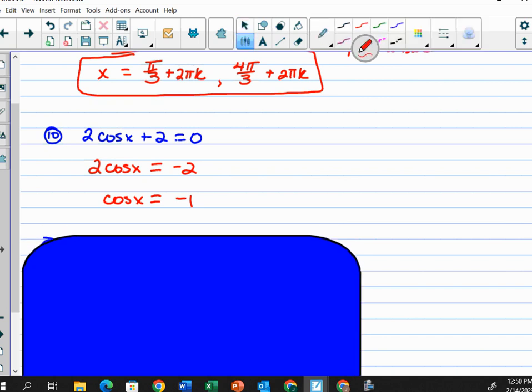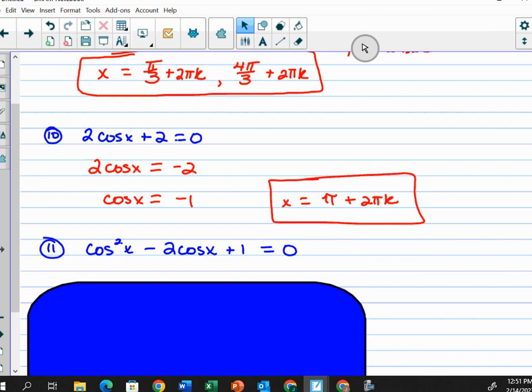So guys, where does cosine equal negative 1? When it's Pi. And then since it says all solutions, plus 2 pi k. Wait, so what's the difference between all solutions and general solutions? Nothing. Got it. Thank you. Are we good on that one? One more, guys. One more.